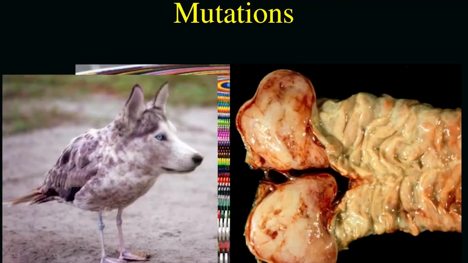This is what mutations can do in sort of a fantasy way. But this is also what mutations can do. It produces a cyst in the ileum that potentially could be fatal if it's not successfully treated.